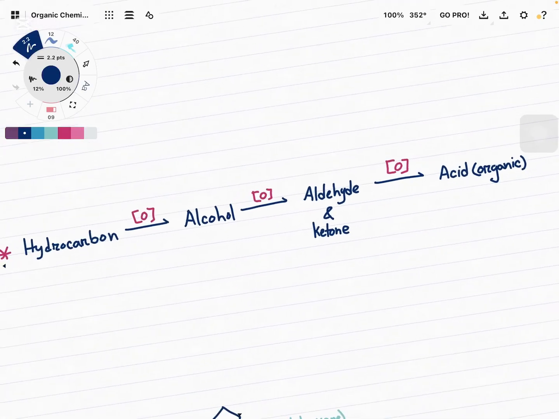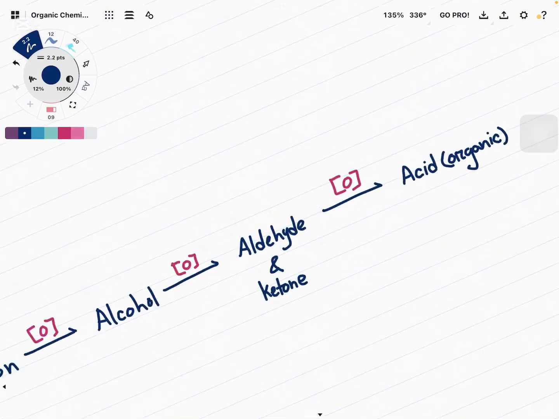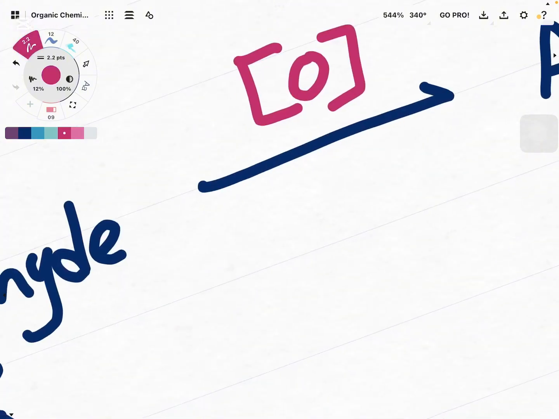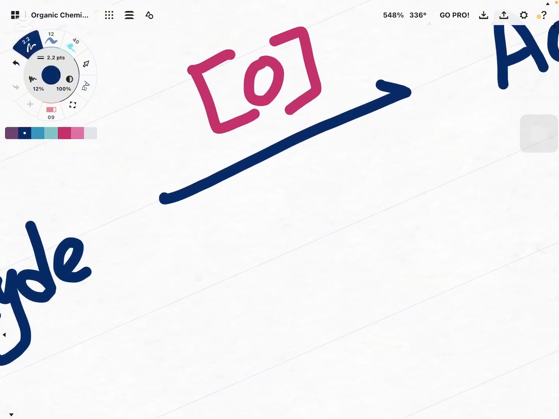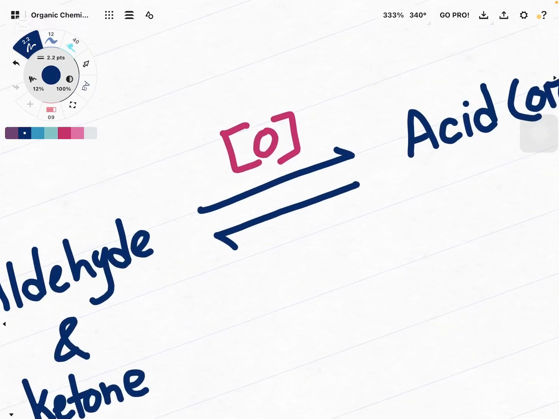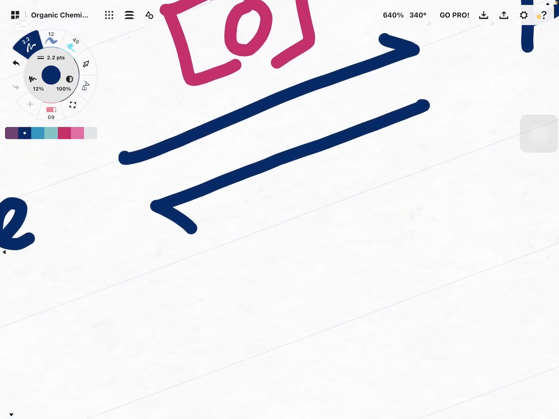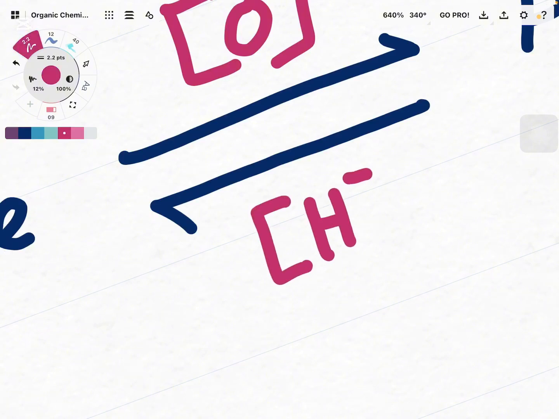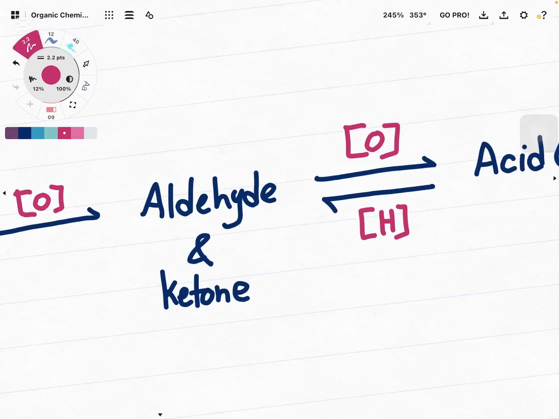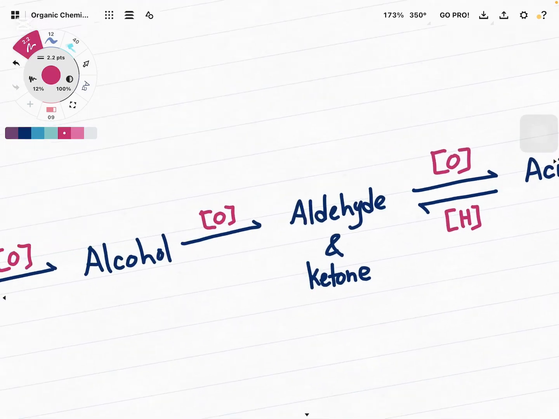So now that we have done our oxidization reactions, we'll be back with our reduction reaction. So if we do reduction reaction with the acids, and reduction means to add hydrogen, it becomes aldehyde and ketone.